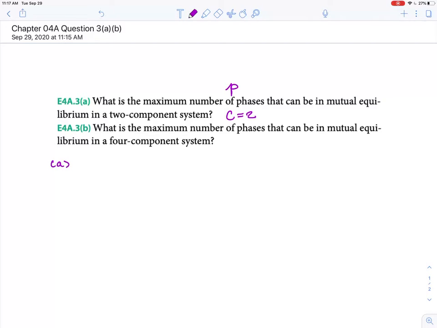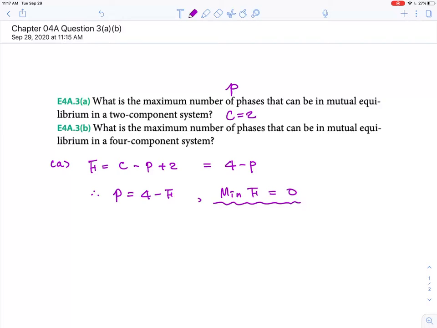So for part A, the equation you can use is the Gibbs phase rule, F = C minus P plus 2. In this case, C is 2, so F = 4 minus P. Therefore P is 4 minus F, and the minimum F can have is 0.